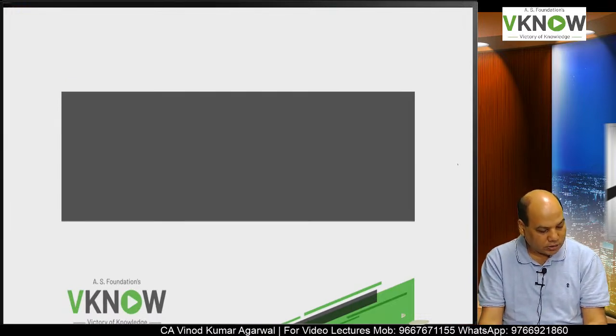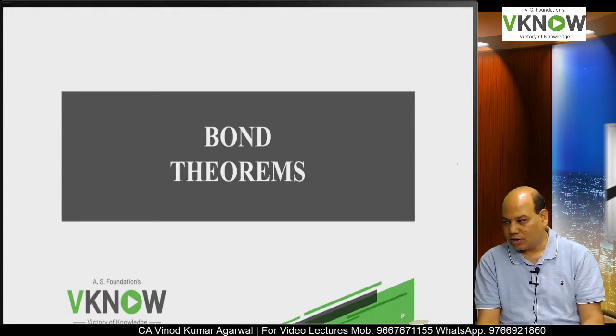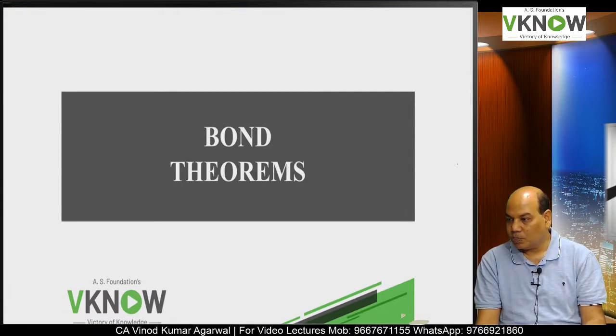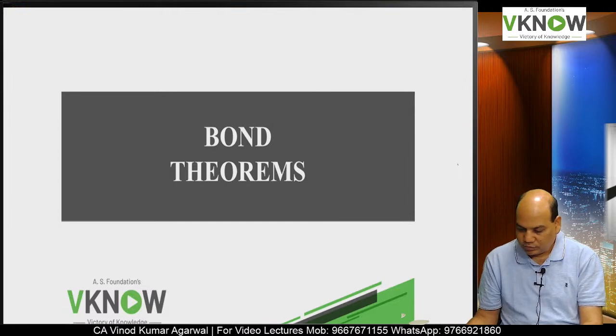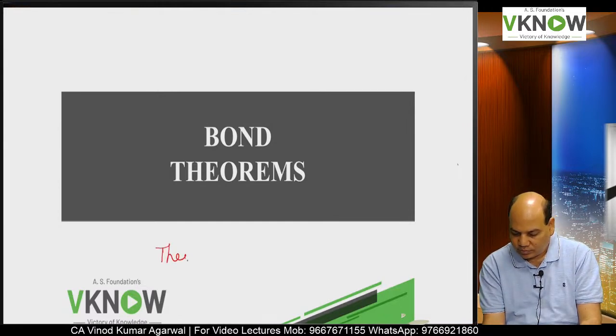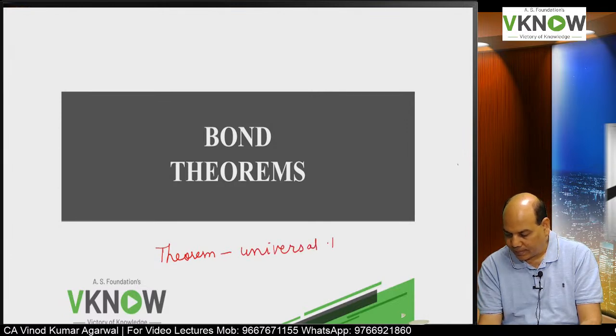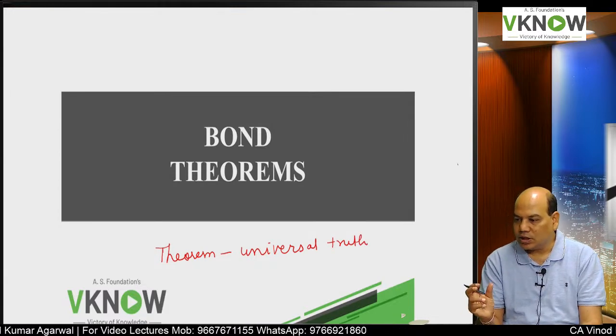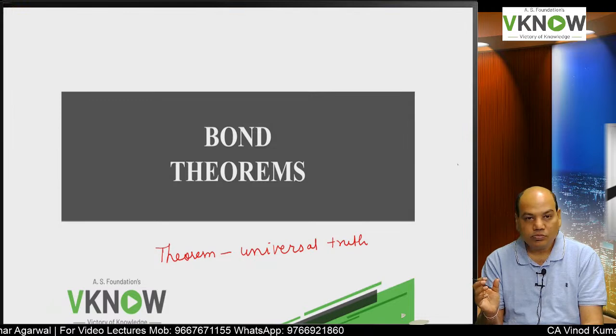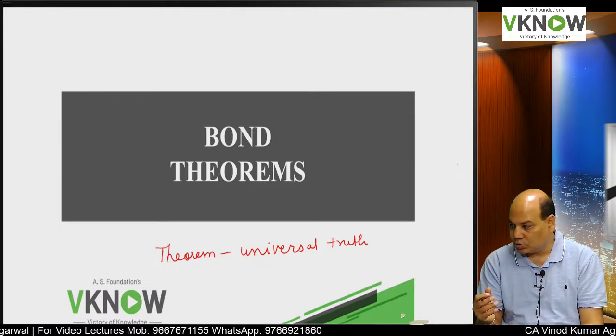So now we'll discuss something interesting. It is called bond theorem. What is a theorem? Theorem means universal truth. So I am going to discuss certain properties of bonds which are applicable in all situations.